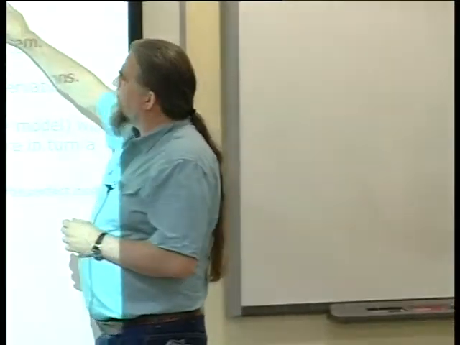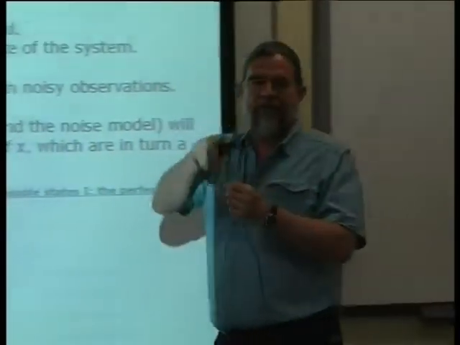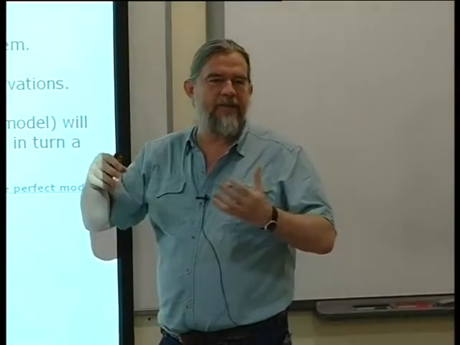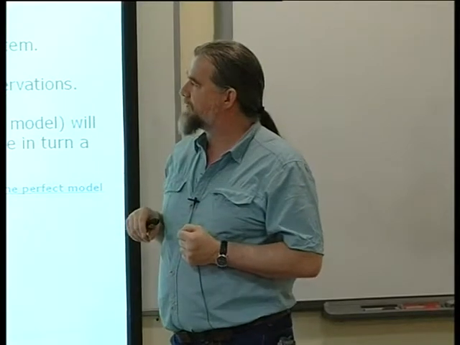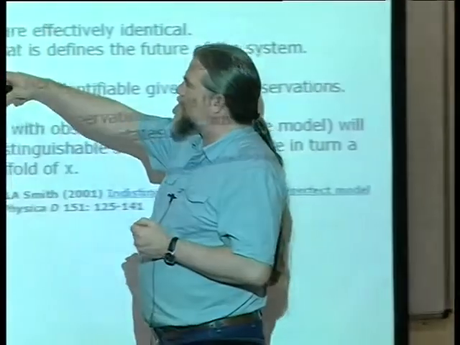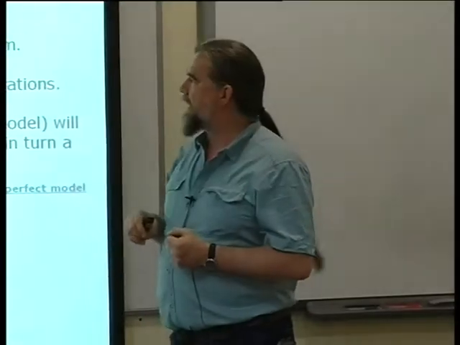Okay, so I'm going to start talking again about the perfect model scenario. As I said yesterday, in that case, the model and the system are identical. The mathematical form of the thing that generated the data is the same as the mathematical structure my model is using. And so there is a state called truth that's really out there, and I can try to find out what that is.